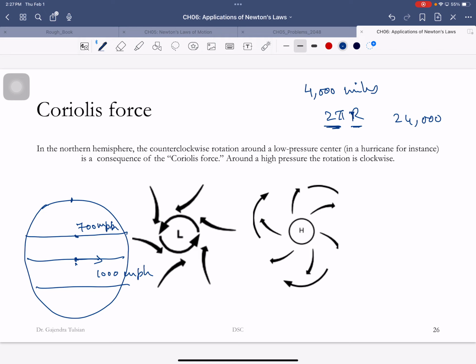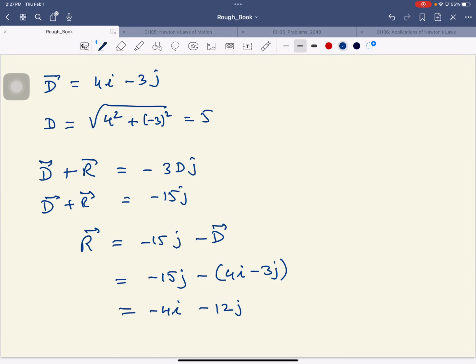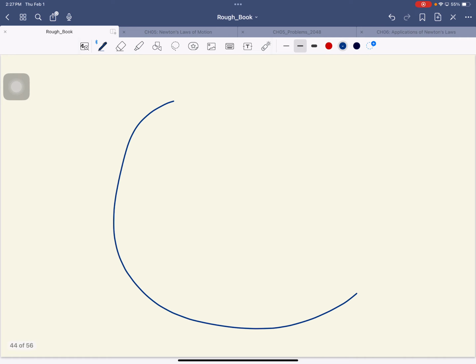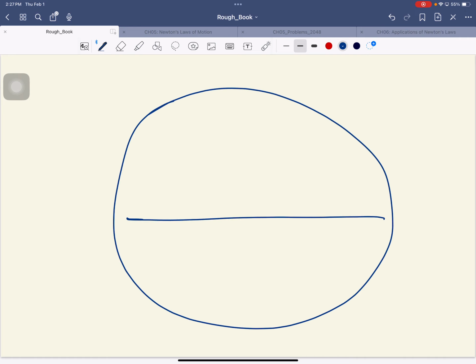Now let's do another diagram. So this guy was traveling at 700 miles an hour. The ground here is traveling at 800 miles an hour. Let's say this packet of air starts blowing this way because there's a high pressure and a low pressure here.